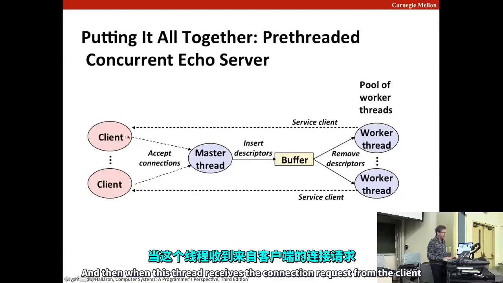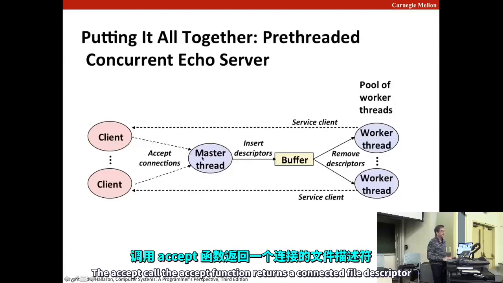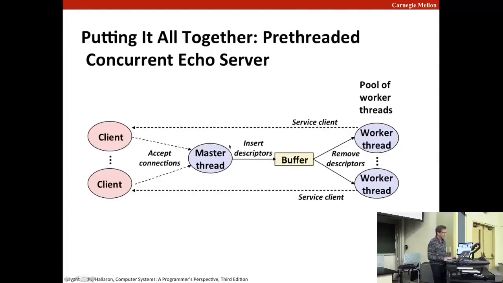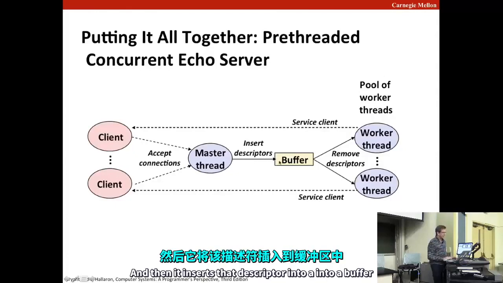by repeated calls to accept. When this thread receives a connection request from the client, the accept function returns a connected file descriptor associated with the connection to the client, and then it inserts that descriptor into a buffer.